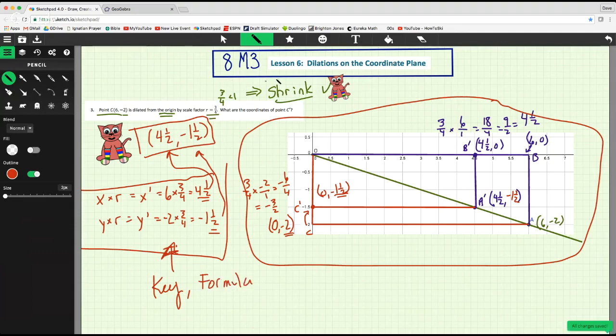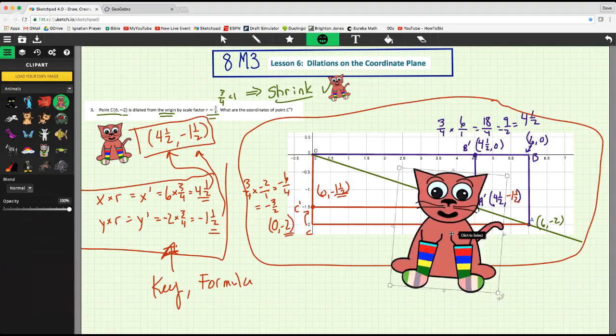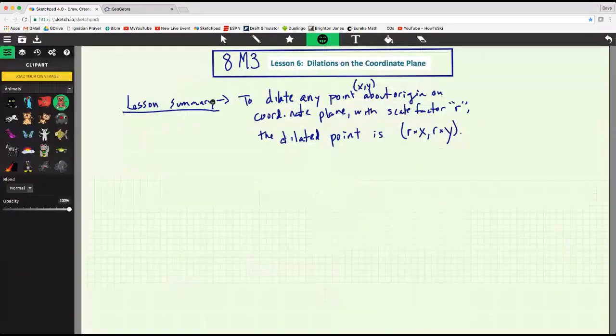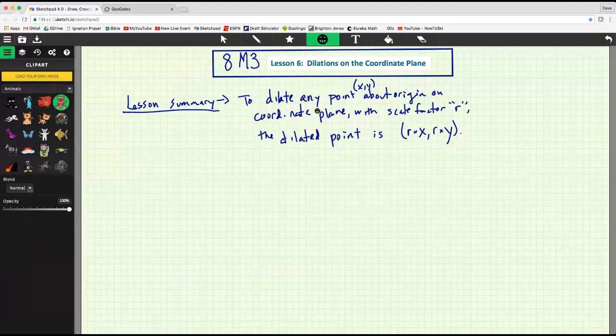Now, good. We will move on to homework help, which is the last. Oh, no, let's just go to the lesson summary real quick. The lesson summary is to dilate any point x, y about the origin. If you dilate it about another point, it doesn't work, but you almost always dilate about the origin on the coordinate plane with scale factor r.